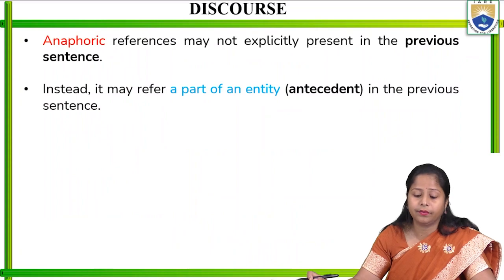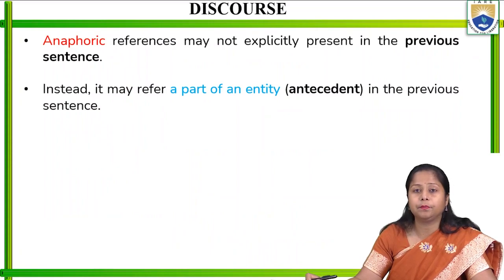So anaphoric references may not be explicitly present in the previous sentence, as we have seen with the two examples. The anaphors were not present in the first sentences, but in the other sentences it was carried forward with the word anaphors.